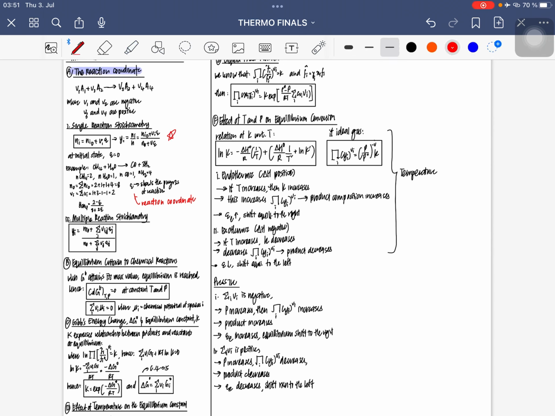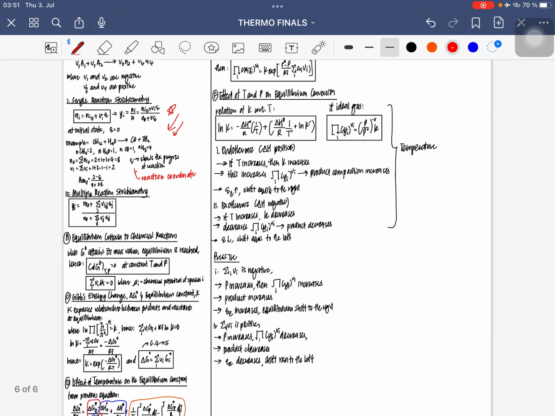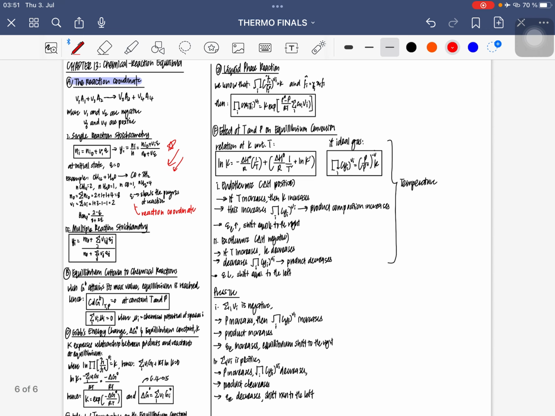Just remember to understand this really well. So basically, what is reaction coordinate? Reaction coordinate really shows you the progress of the reaction. Say you have A plus B producing C plus D. So what reaction coordinate tells you is really the progress of the reaction.